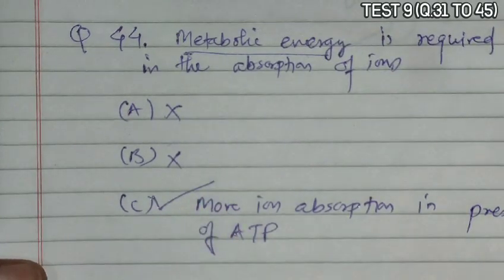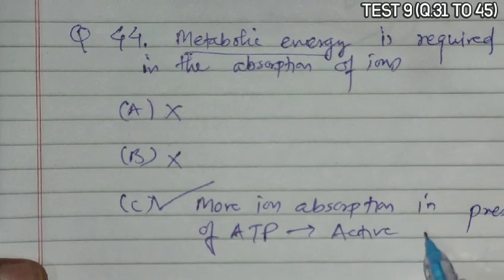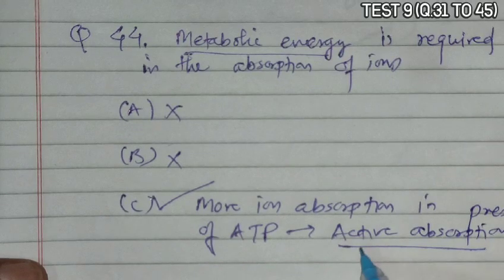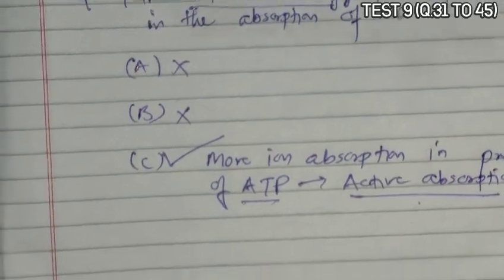So it is correct. Why? Because when ion absorption involves the use of metabolic energy, ATP, it is called active absorption. Energy is generally obtained from ATP. Active absorption is linked to the hydrolysis of ATP. So ATP is used in this part.